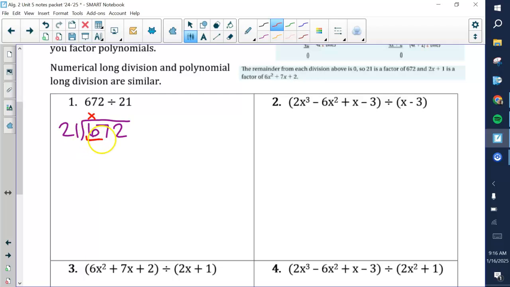Now I'm looking at the number 67. Is 67 divisible by 21? It is. So now I'm trying to figure out how many 21s is 67 divisible by. And there are 3.